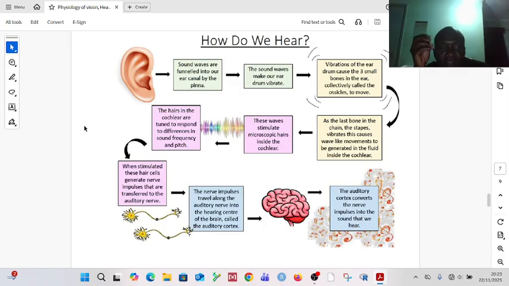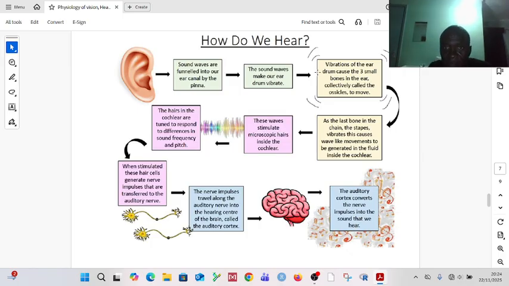Then the sound waves that have been trapped by the pinna, this outer flap, enter the canal. That hole that goes from outside into the ear. So when they enter like that, that sound, those sound waves, go and now cause your eardrum, your tympanic membrane, to vibrate.